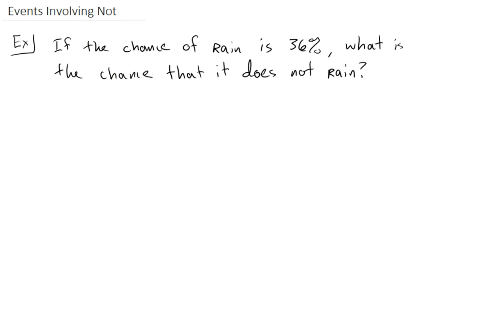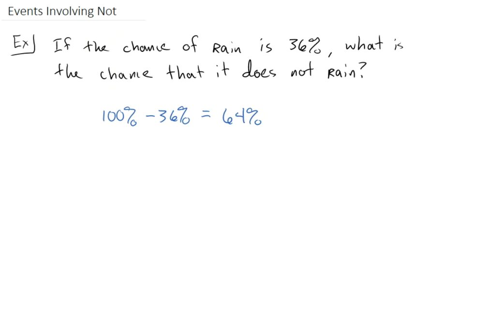Now we had been using the 1, and most of the problems we'll do will be subtracting from 1, but since this one's already expressed as a percent, we're going to take this as 100% minus our 36%. So we're essentially subtracting the 36% from 1, but doing so as a percent. Doing that gives us 64%. So if the chance of rain is 36%, then the chance of it not raining is 64% to give us all a possibility of 100%.